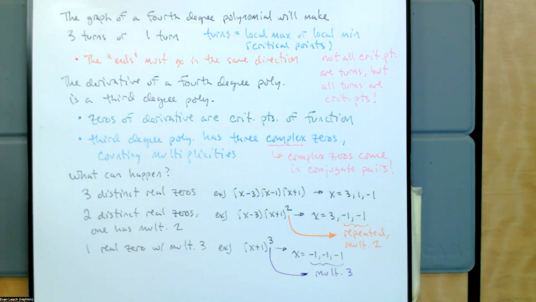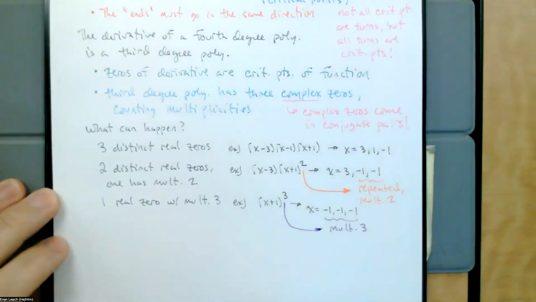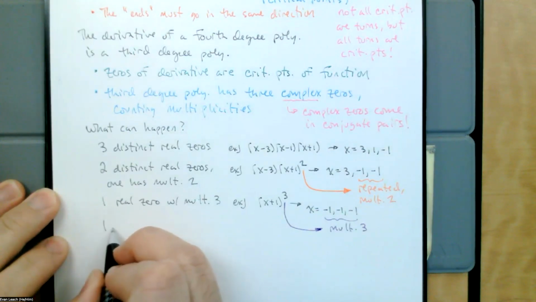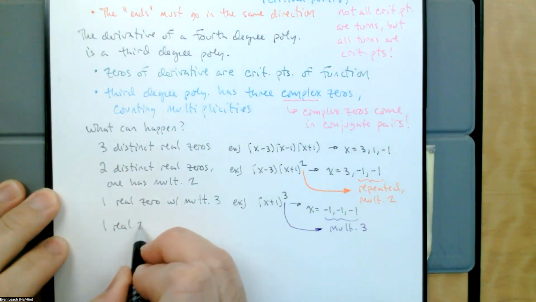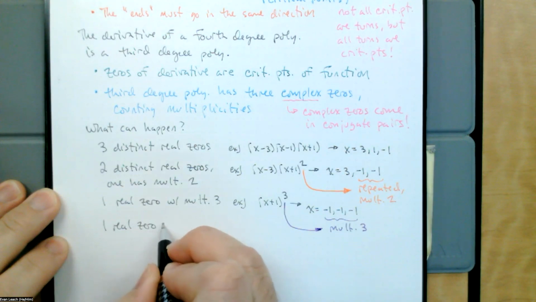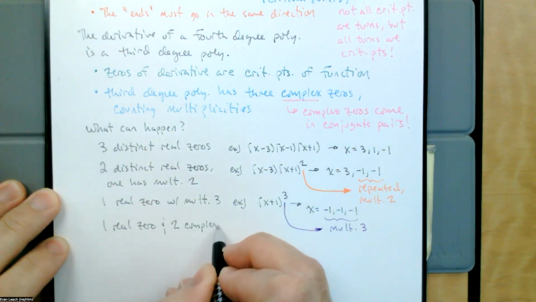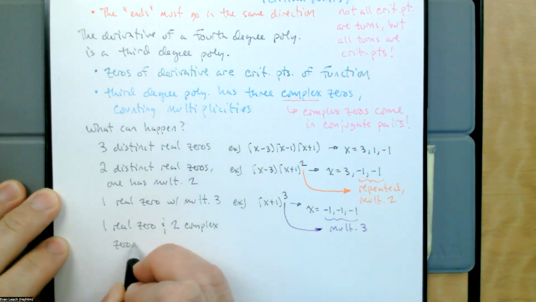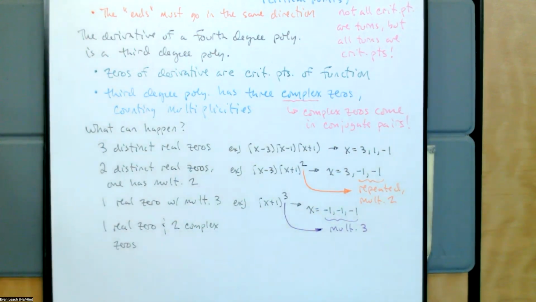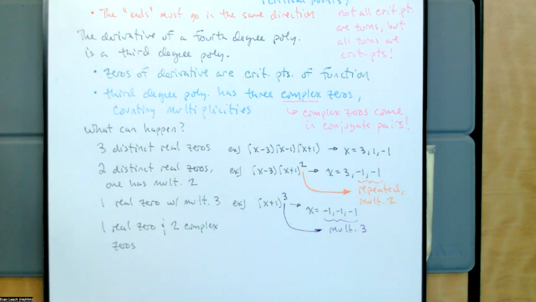So the other thing that could happen is that we have 1 real 0 and a complex conjugate pair of zeros. That is, one real zero and two complex zeros.